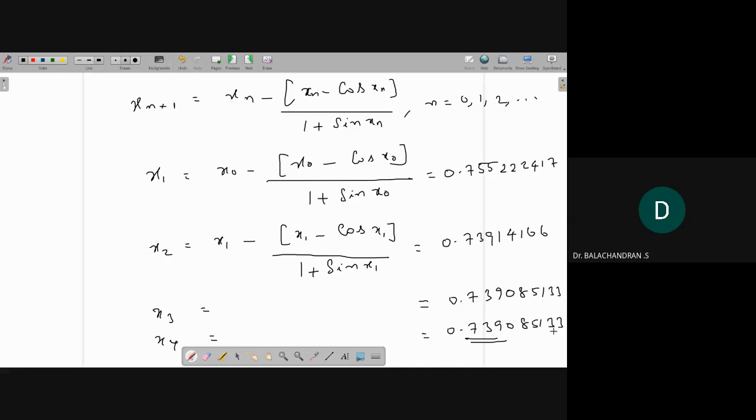So if you are very comfortable, then you can use this. Otherwise, find x1, substitute here, again find x2. It will take time, but you will get the correct final answer. If you are doing by this method, you should check once again, to make sure that you did it correctly or not.